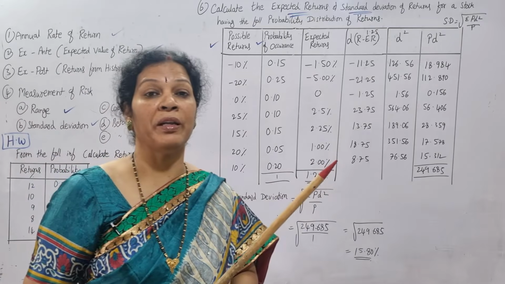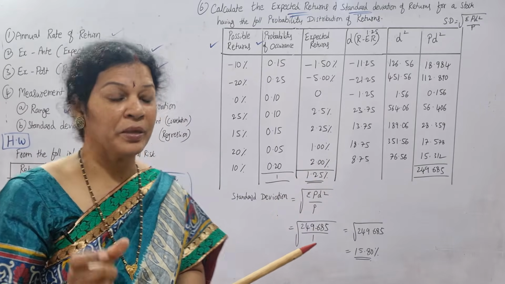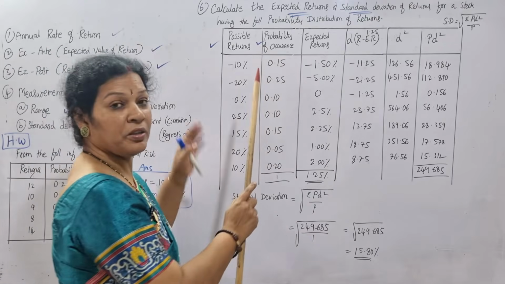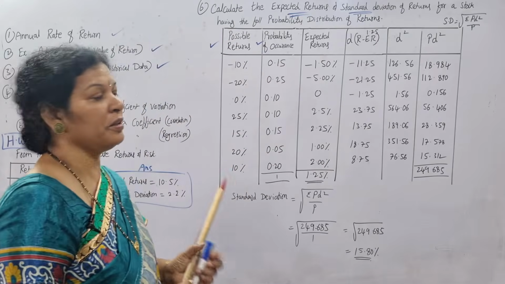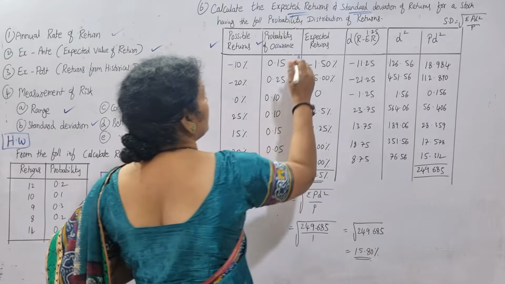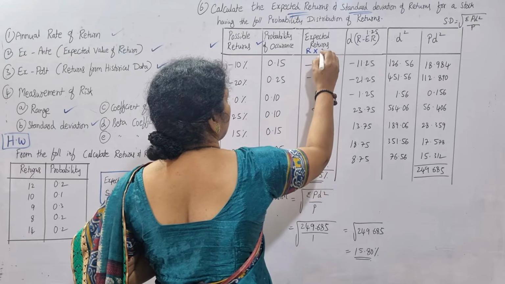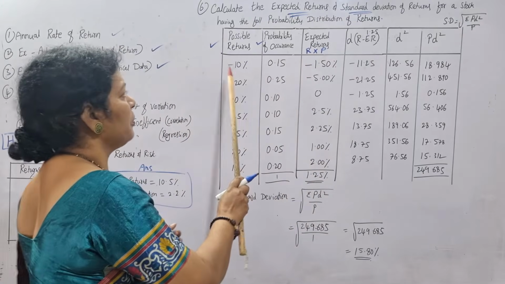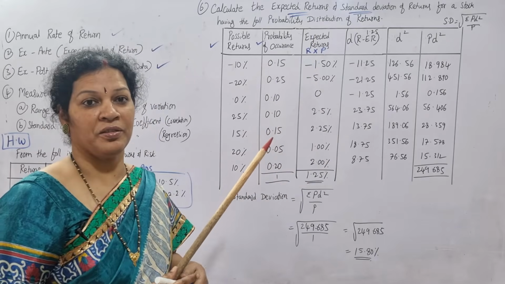Hope you remembered whenever probability is given, expected data or expected returns, you will get by multiplying returns into probability. If you multiply these two, you are going to get the expected returns.